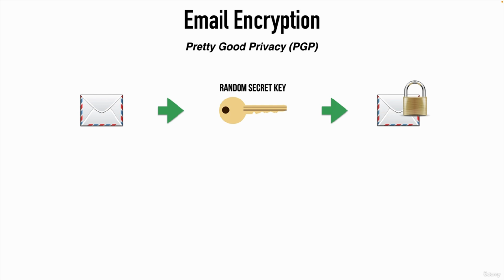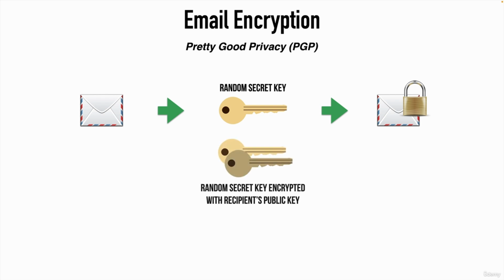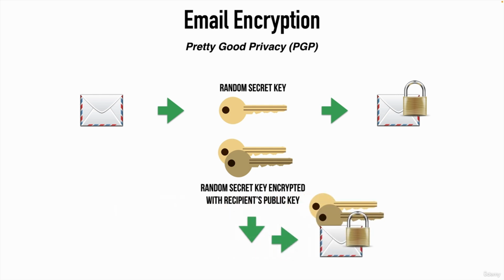Our email recipient would, of course, have their own public and private key pair created, and we would have access to that public key. PGP will use this public key to encrypt the random key that was generated. That means that only the intended recipient would be able to decrypt this random key. PGP would then send the encrypted random key to the recipient along with the ciphertext message.